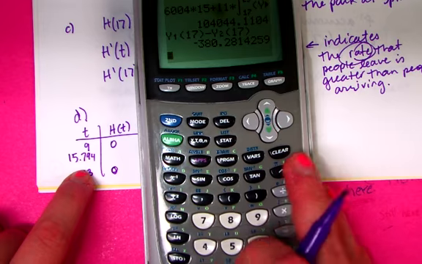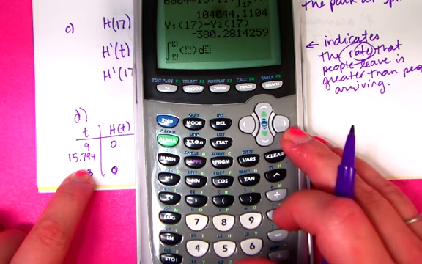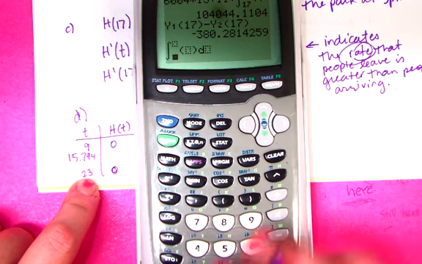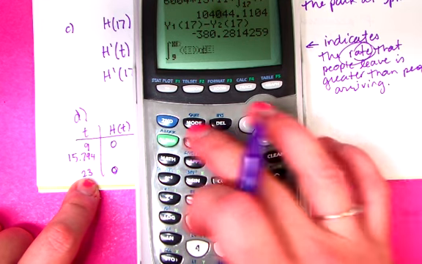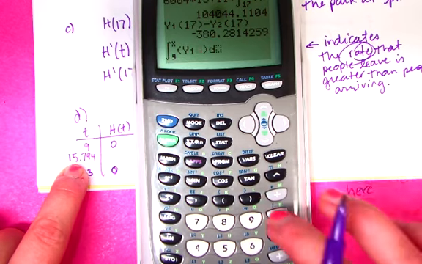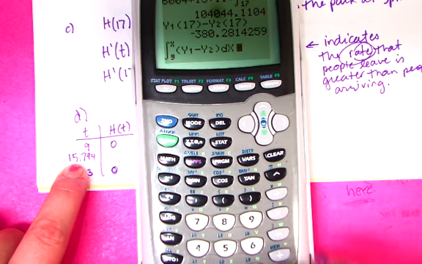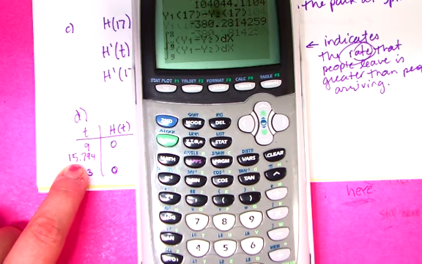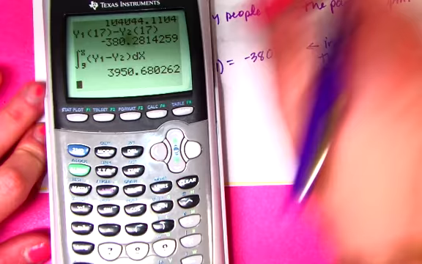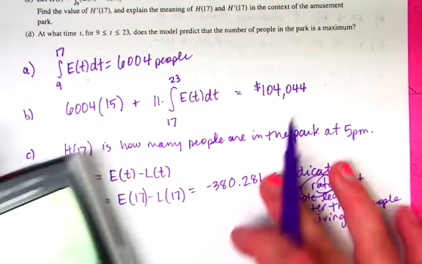And so then if you did math 9 to count how many people are in there, let's do 9 to, I didn't store it, it's going to be x right now, and let's do y1 minus y2. Should be a big positive number. Yeah, so that's greater than how many were in there at 17, right? It grew. So that would kind of make sense with the information that's been provided.